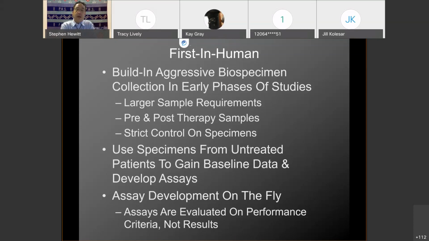You may be developing and refining that biomarker in phase 2, but you're not really testing it until phase 3 or later. You need to have strict control of your specimens increasingly. Biospecimen depletion has become a major problem and is limiting many, many trials across many platforms. You need specimens from untreated patients for baseline, always an important issue.